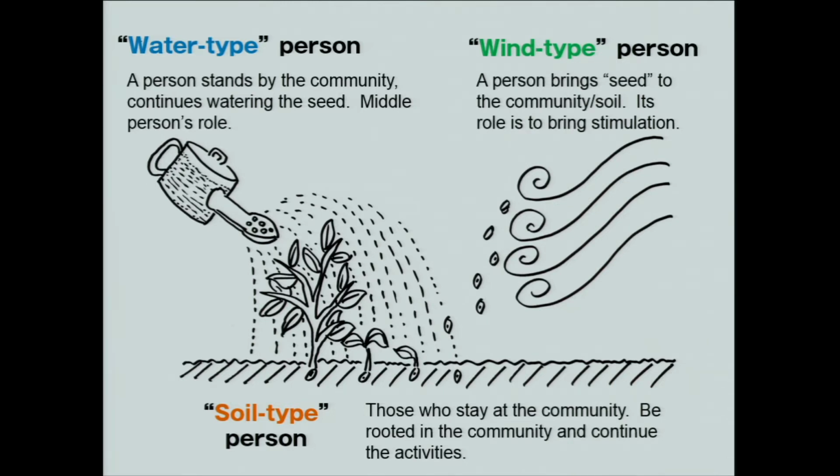To overcome this, what we need is a wind type person. A wind type person would bring seeds to the community. When I say seeds, it's like activities, events, programs and projects. By having that kind of trigger in the community, people can begin to communicate with each other. Without that, it's very difficult for them to connect.